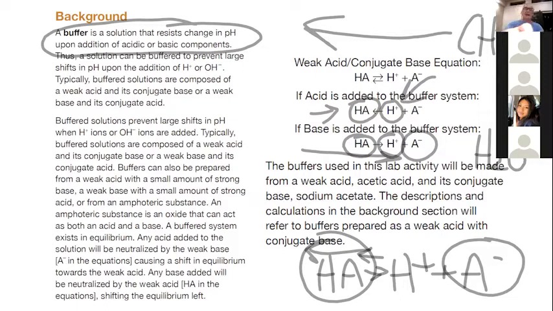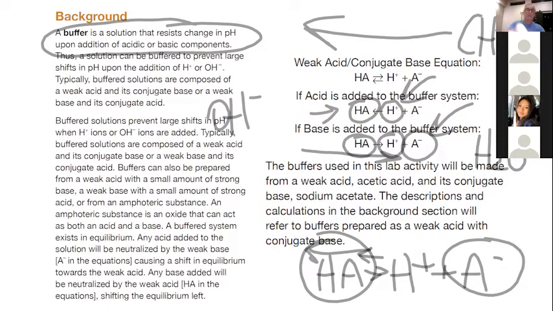The OH minus, which is a strong base, gets converted into acetate ion, which is a weak base. And so basically that's what a buffer does. It takes a strong acid, turns it into a weak one. It takes a strong base, turns it into a weak one. And so that's why the pH doesn't change as dramatically, because we're switching strong and weak. So the pH doesn't change much.